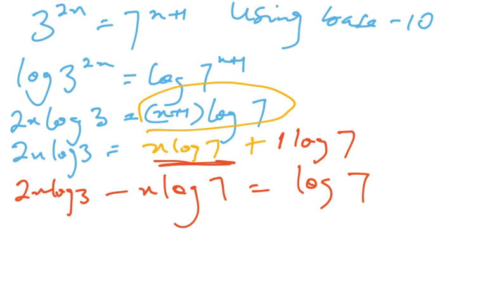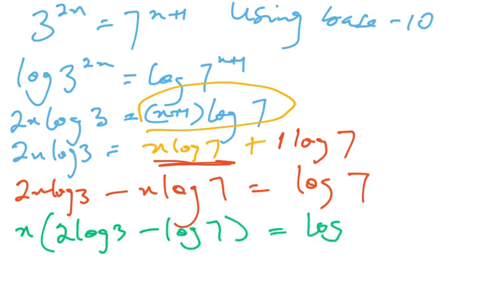Now here you can just go ahead and factorize x out of this equation. So with x out, we are going to get x open bracket 2 log of 3 minus log of 7 close bracket equal to log of 7.